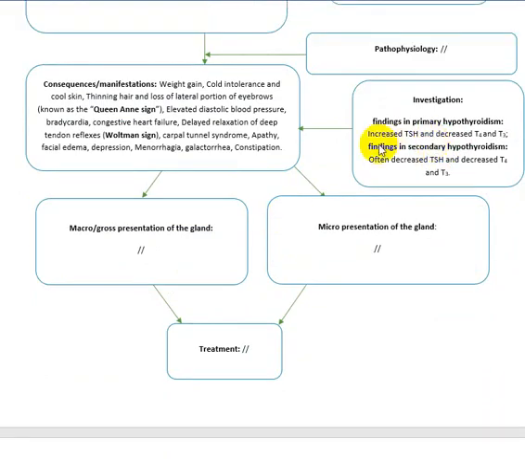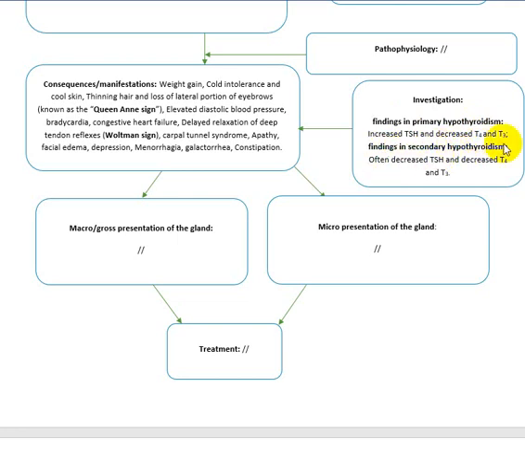Now, investigation. Findings in primary hypothyroidism: you have increased level of TSH and decreased T4 and T3. What happens is that there is destruction of the thyroid gland, so you have increased TSH to stimulate the thyroid gland, but there is no response to that increased TSH.